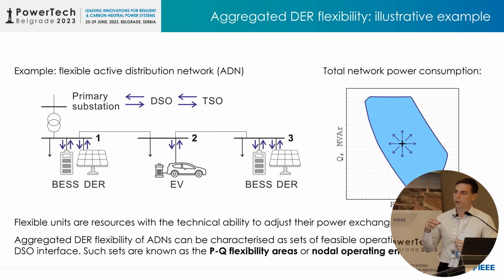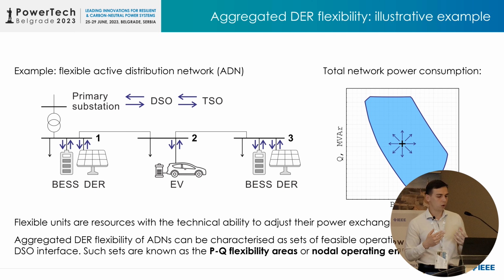But now we have an increasing amount of distributed flexible resources integrated in the networks, for example, battery energy storage systems, electric vehicles, and some other resources. We can say that these resources are flexible units or flexibility providers if they have the technical ability to adjust the power exchange with the grid.